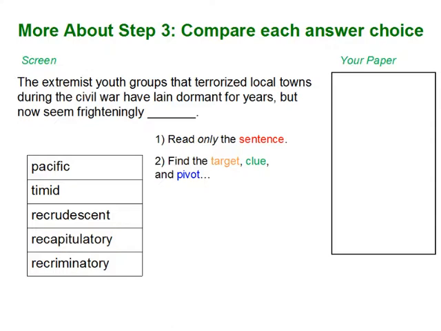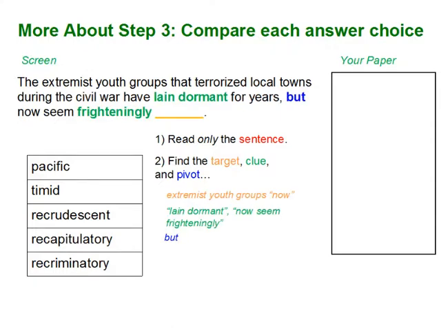Okay, in this instance, we not only have the common pivot, but we also have this time reference, which is common in sentences, to say once or in the past, this is the way things were, and now this is the way things are. When that's connected with the word but, we know that things are different.